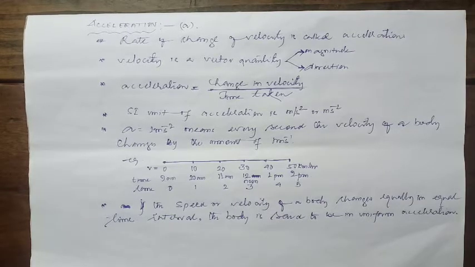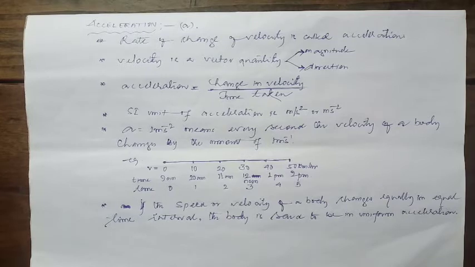If we want to increase the speed of the car, we press the accelerator and the car starts moving faster. That means the car's speed increases. If I want to slow down the car, we press the brake and the car slows down. So in both cases, we say the car is in acceleration.